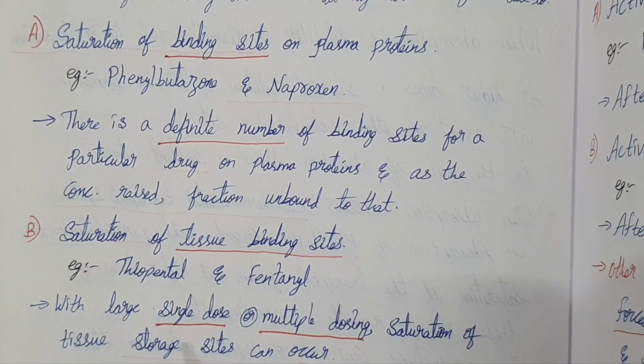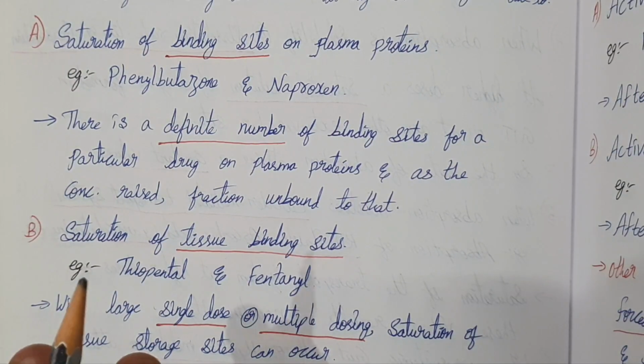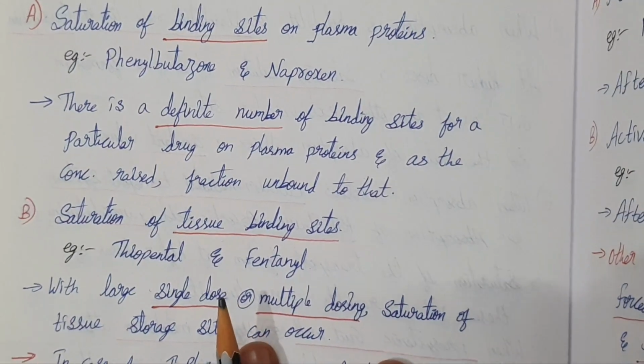As the free drug concentration increases, there will be two scenarios, either higher activity or toxicity. Drug accumulation can cause toxicity in the body. So these two can happen.